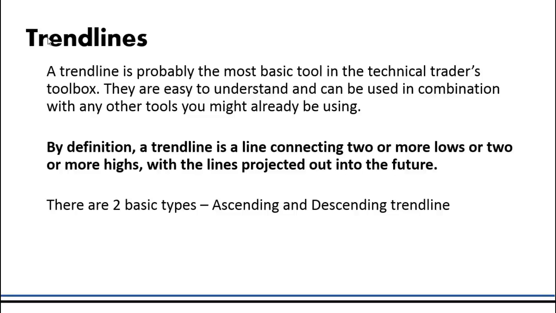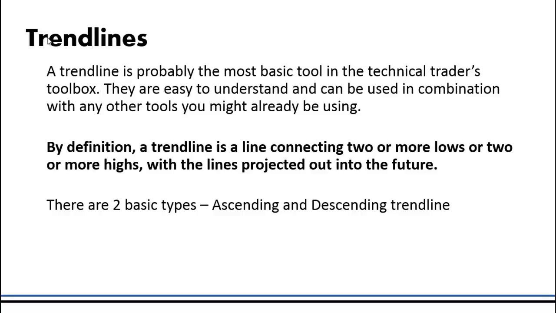Trend lines are probably one of the most basic tools in the technical trader's toolbox. Now, a trend line is a line connecting two lows or two highs, with the line projected into the future. The trend line, as the name implies, is just a line that is used to identify trend.